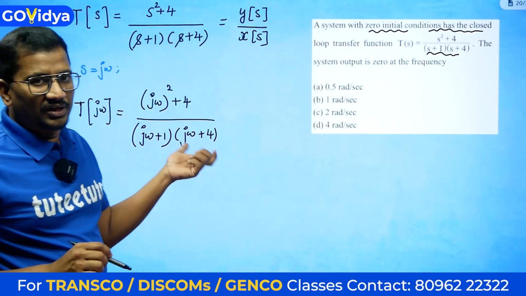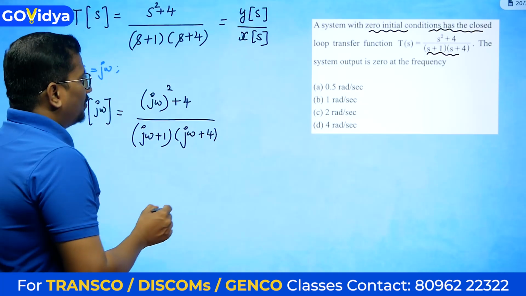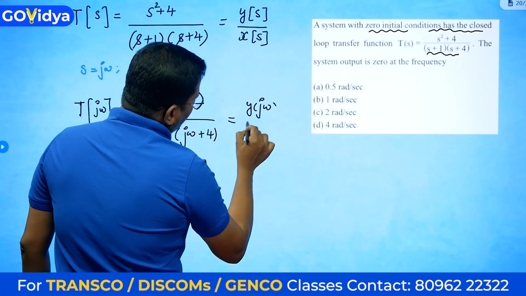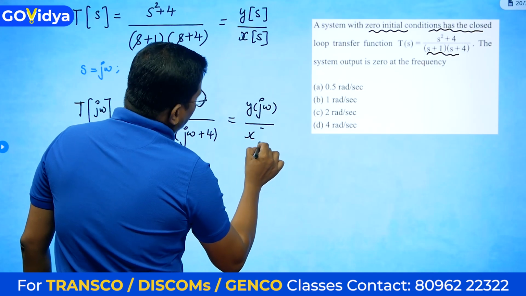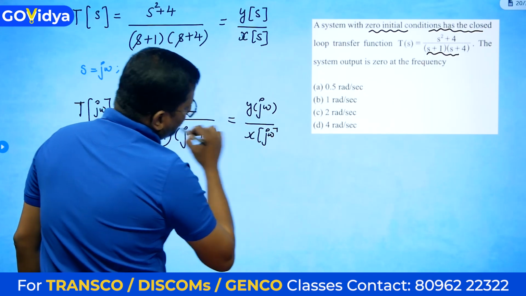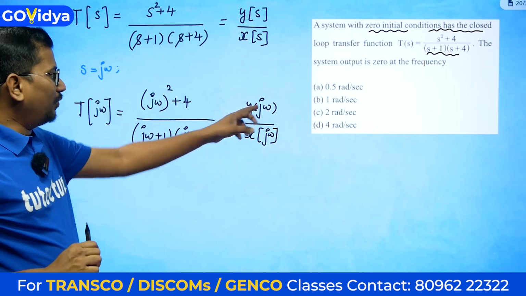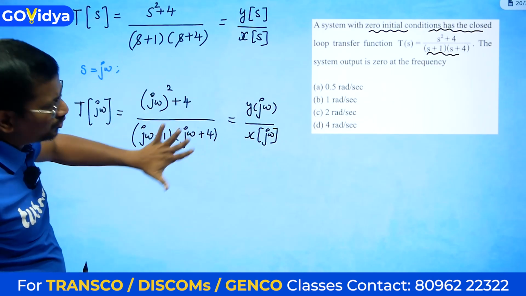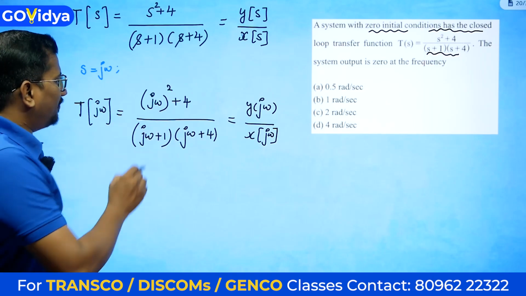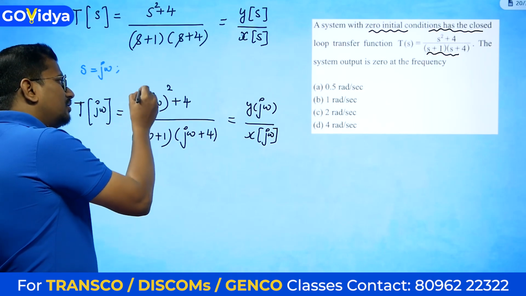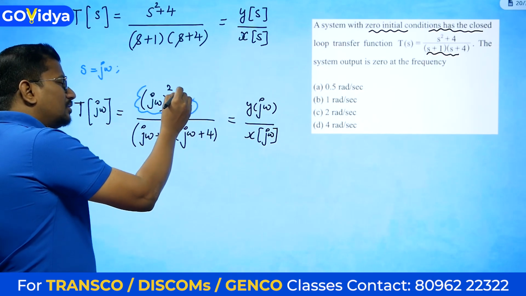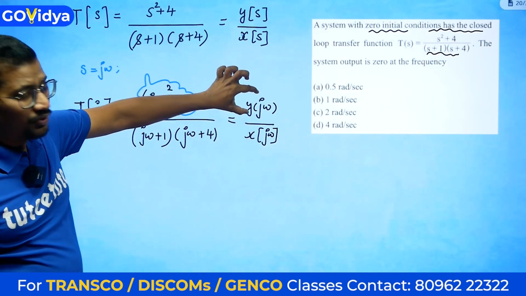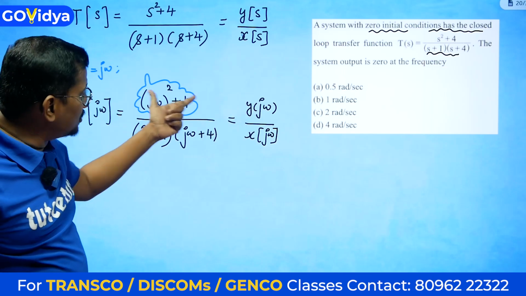Wherever s is there, we just kept that j omega, which is equals to Y of j omega divided by X of j omega. Now output has to be 0. Output has to be 0 means the numerator part of this transfer function should be equal to 0. So if it is 0, then we can say that yes, the output of the system at this particular frequency is 0.